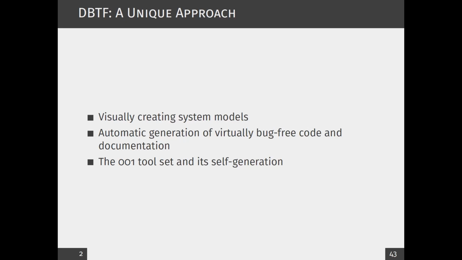When you visually create a model, we want to make sure that you create bug-free code together with the documentation. So the task is to have bug-free code and documentation, and then automatically generate them. So they came up with what they call the 001 tool set, which they developed through their unique approach.